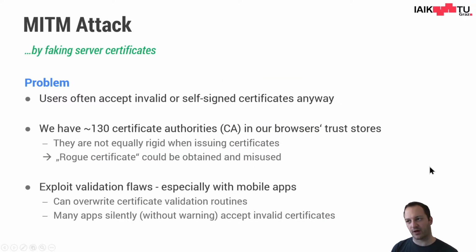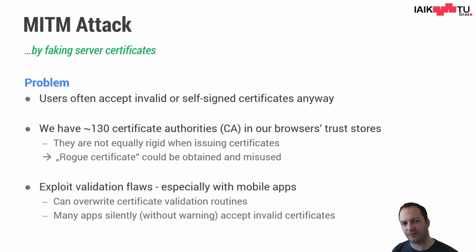Another attack, or a scenario that focuses on browsers, is a man-in-the-middle attack that involves faking server certificates. So this is now not affecting HTTP. This is when we have a TLS connection, but we want to play man in the middle and present the user a certificate that's not valid. So how could this work?